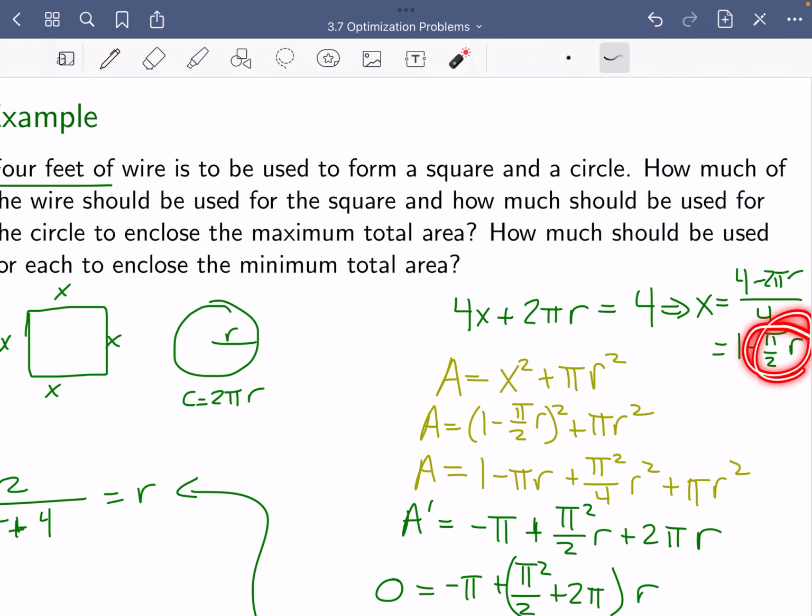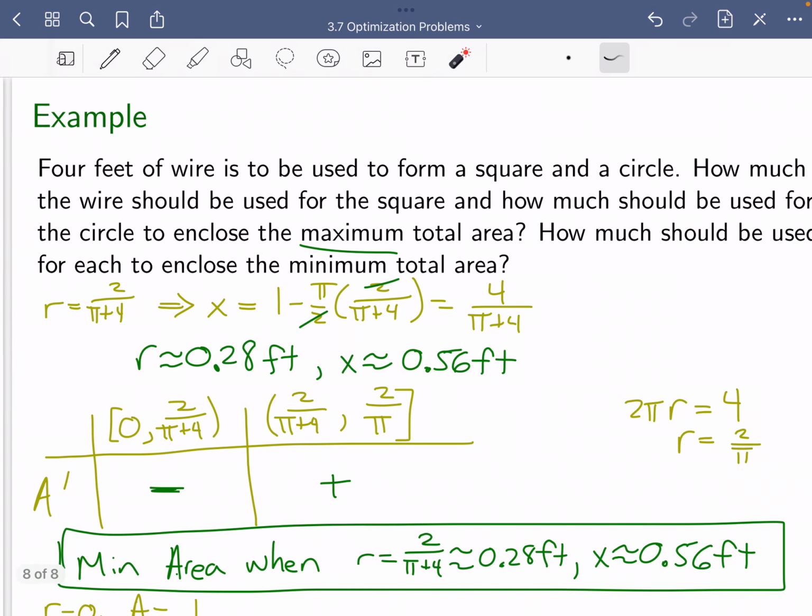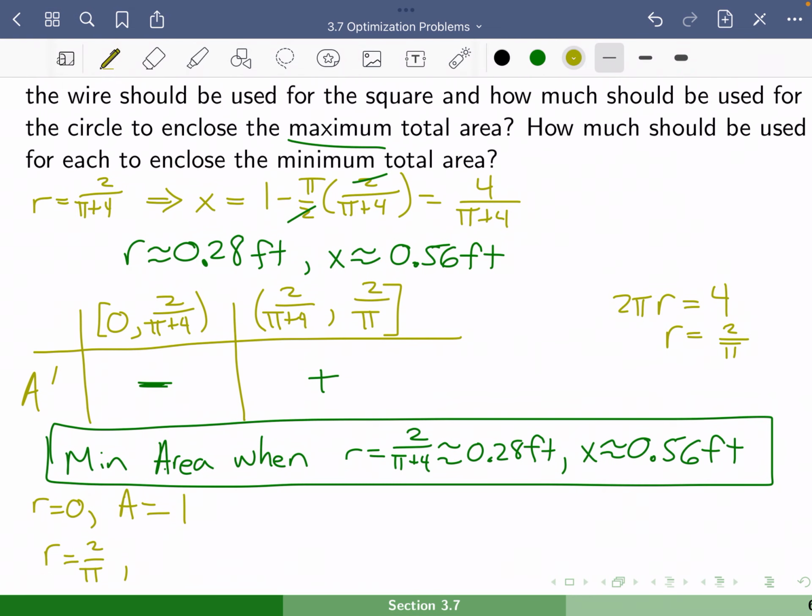Right? So this would become 1, and 1 minus 1 is 0. So this part goes away, and we have pi times 2 over pi squared, which is 4 over pi, which is a little bit more than 1, so like 1.27. So this is the maximum area.